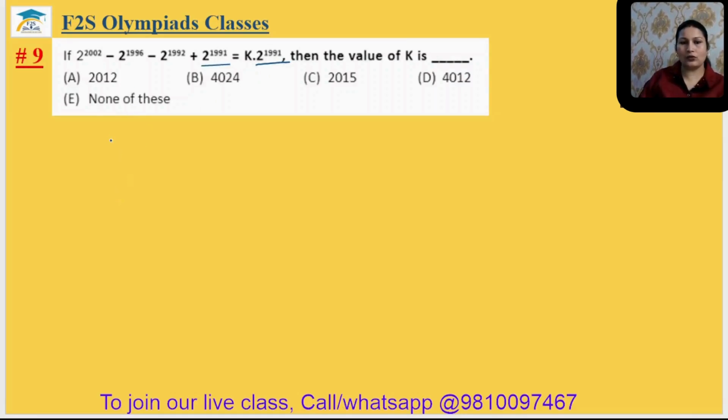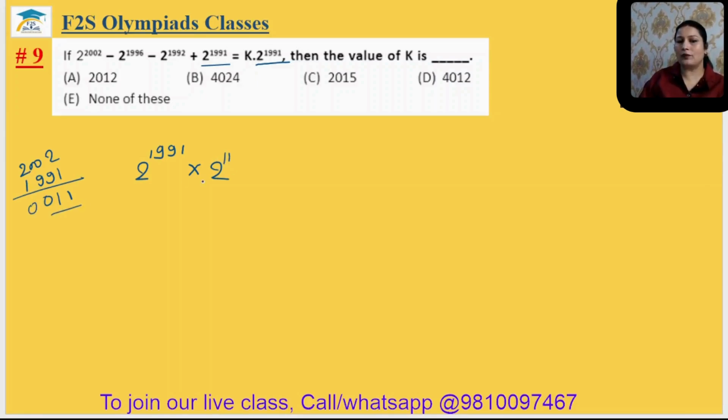So what we will do, we will write 2 to the power 2002 as 2 to the power 1991 multiplied by 2 to the power 11.